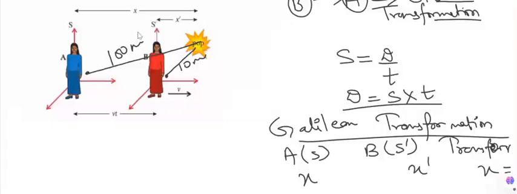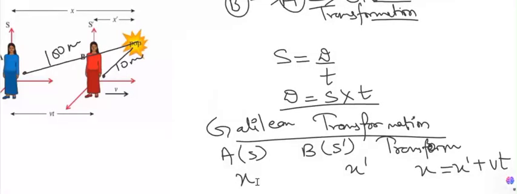This is moving in the X direction. So if I am calculating from A's side, you need to add Vt in X dash for transforming the coordinates. Clear?